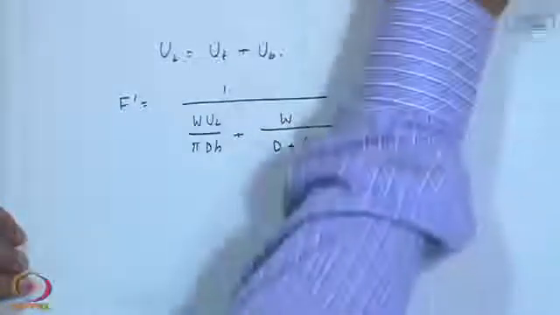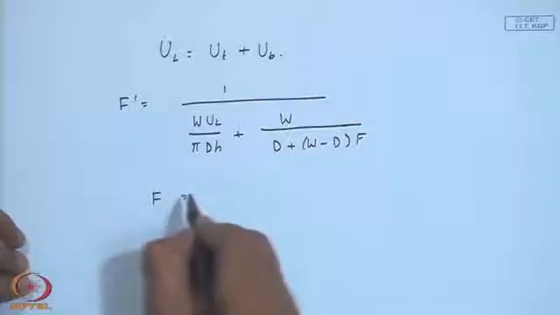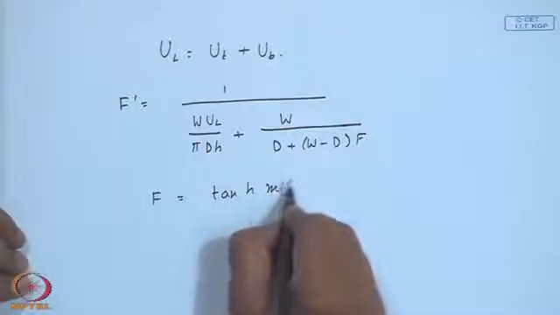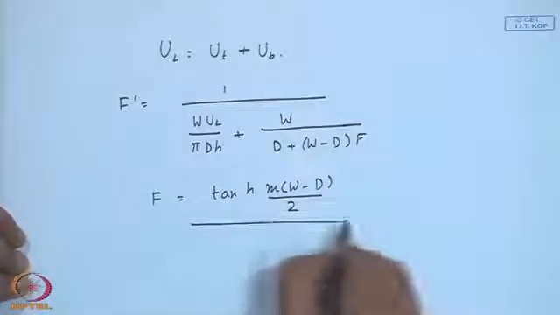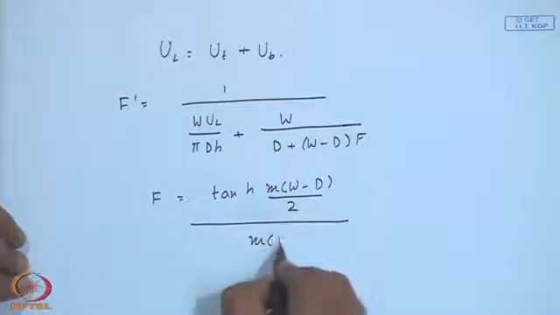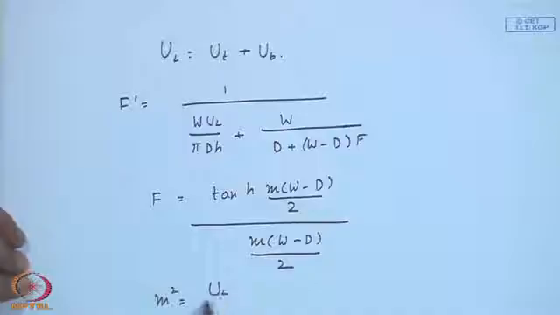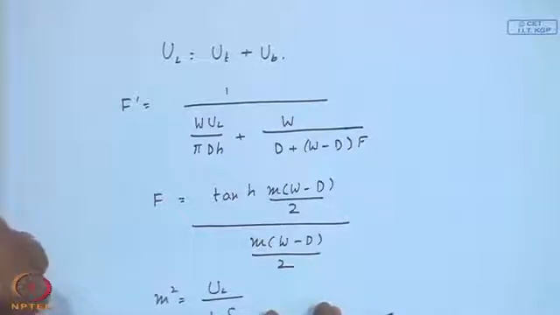Now, these are the three configurations. Again, F turns out to be the same. So, definition of F remains the same. However, your F dashed differs for these three configurations.